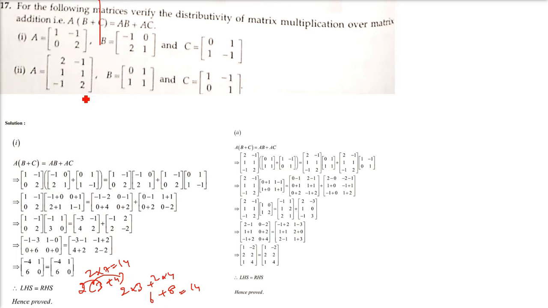So I hope you will be able to do it, okay? Just add B and C, multiply it with A. Second time, multiply AB, multiply AC and add them. And let me assure you, the answer will be the same because matrix multiplication over matrix addition is distributive. You can verify this distributivity.